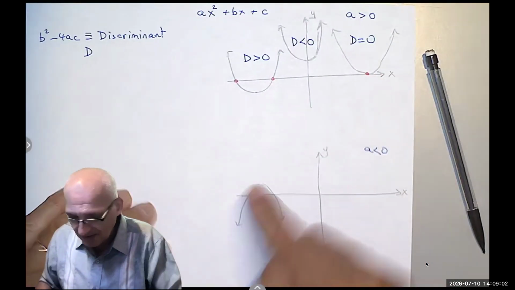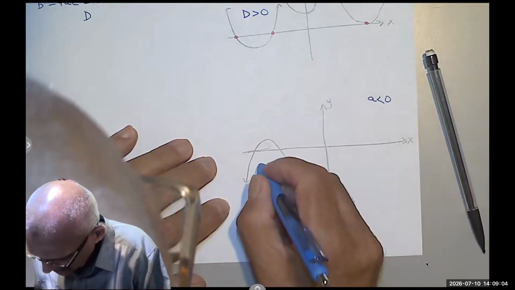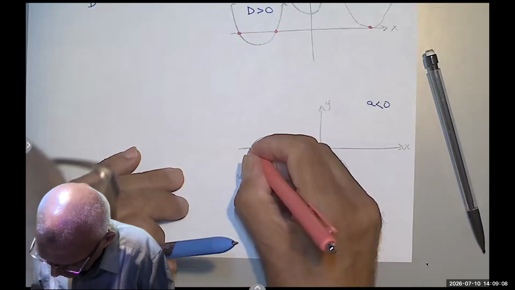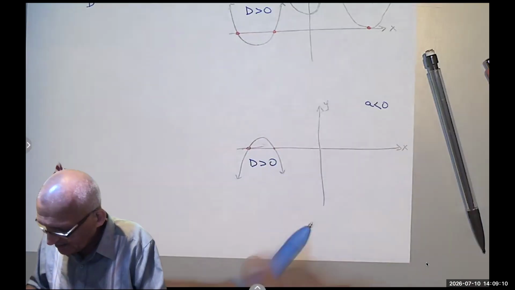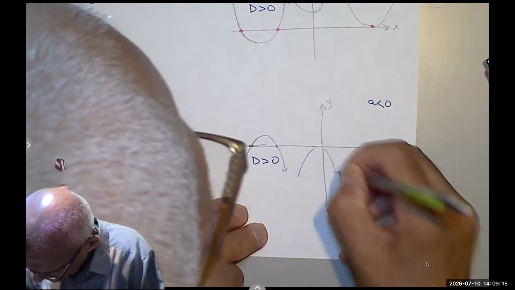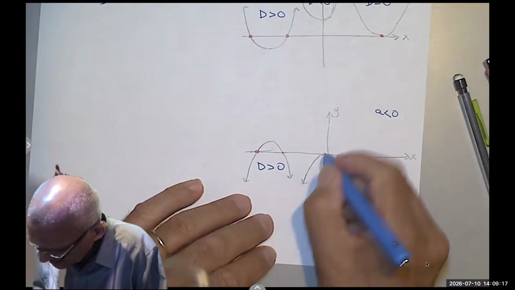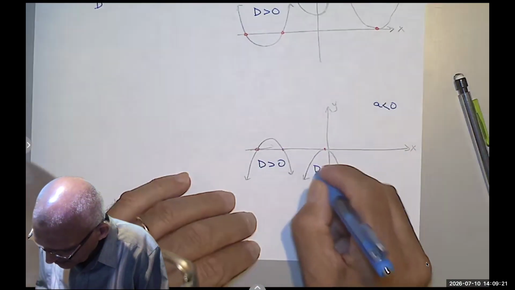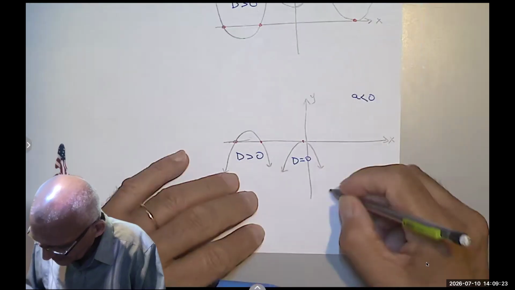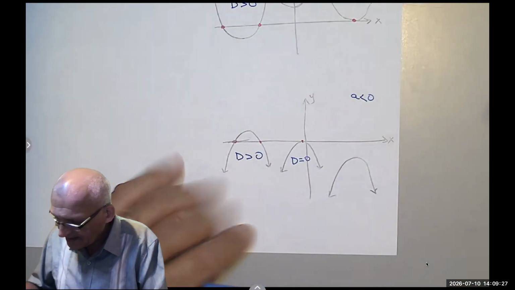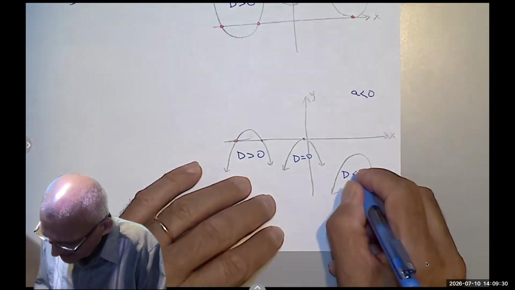Again, here D is greater than 0, I have two solutions. And again, I may have a parabola that barely touches and comes back down, in which case I have a unique solution and D equals 0. Or the vertex is below the x-axis and it's opening down, as we said, and here we have D less than 0.